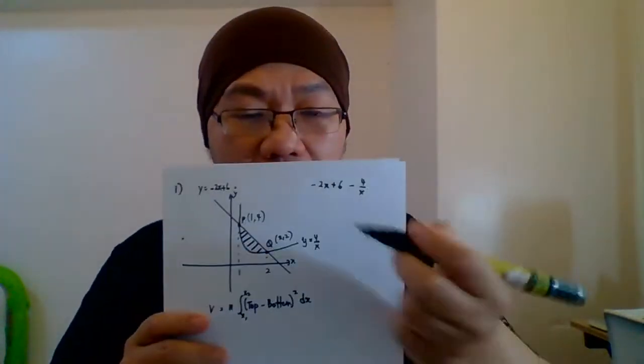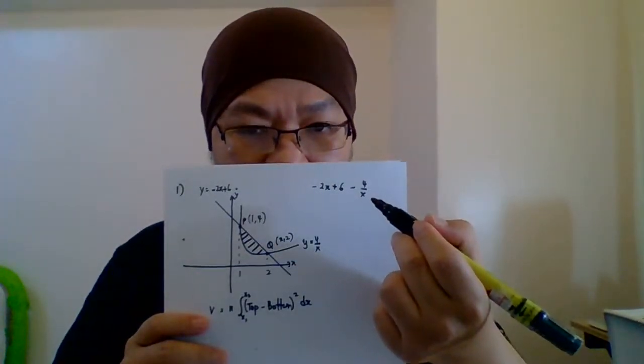Now look at your equation. Top minus bottom: the top is the straight line. The equation of the straight line is given, negative 2x plus 6, minus our curve. The curve is 4 over x. This is top minus bottom.